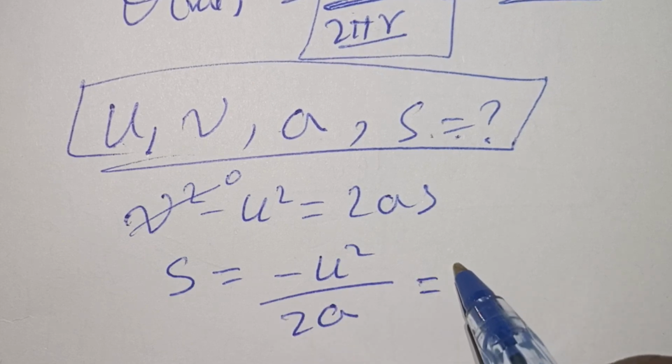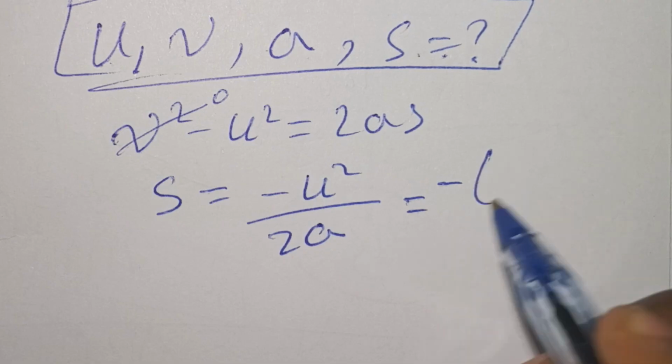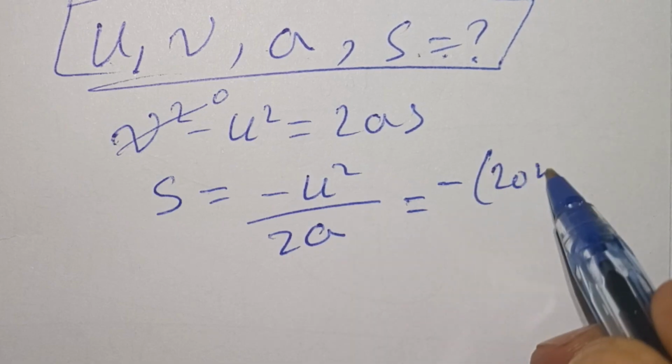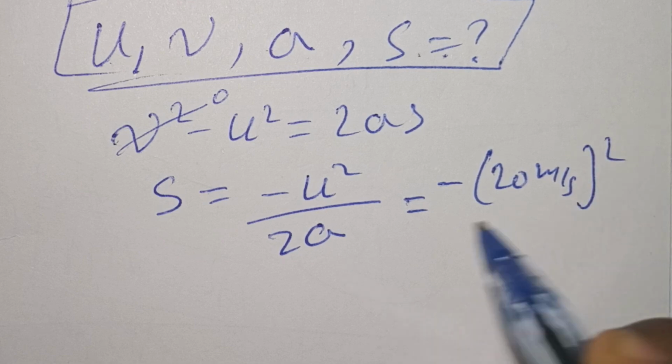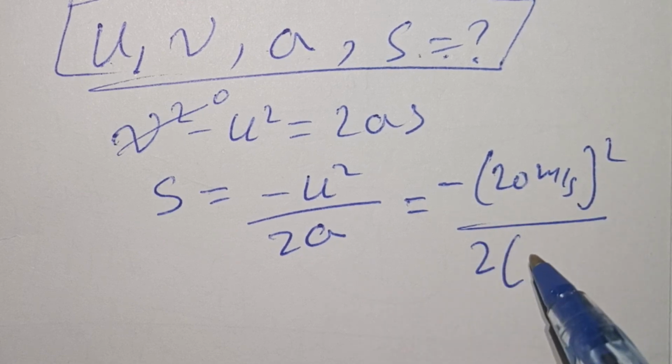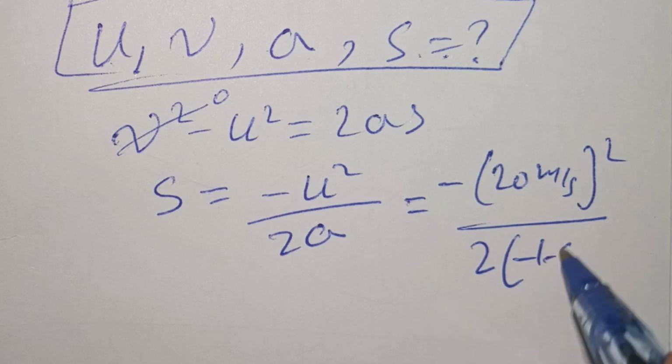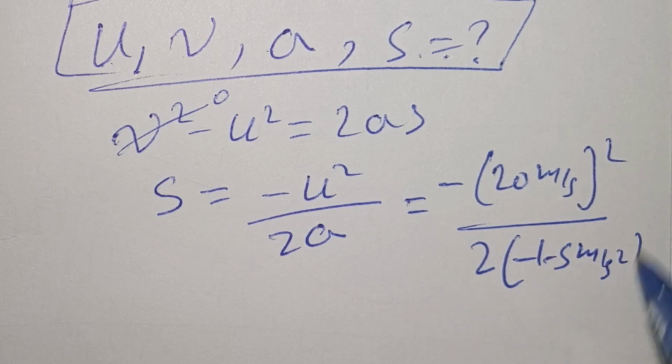So when we do this, minus of initial velocity, which is 20 meters per second, the whole squared, divided by 2 times acceleration, which is negative 1.5 meters per second squared, since the car is decelerating.